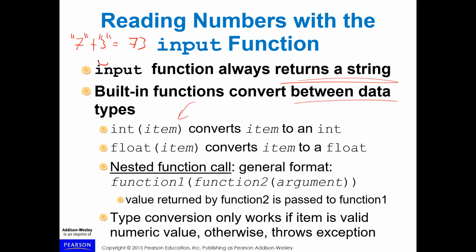And so then the behavior of the plus is concatenation. So it just concatenated the two into the string 73. Does that make sense? So really what you have to do is when you get your inputs, maybe try to typecast them, okay? Just to be more explicit.